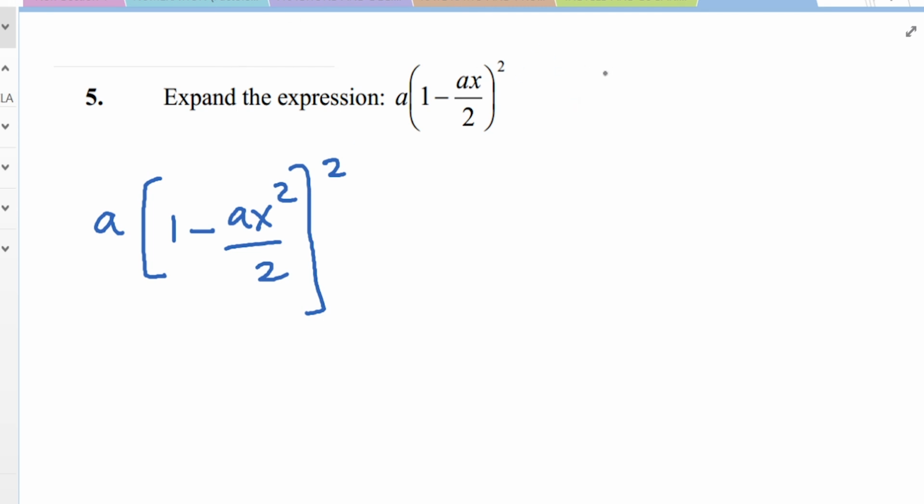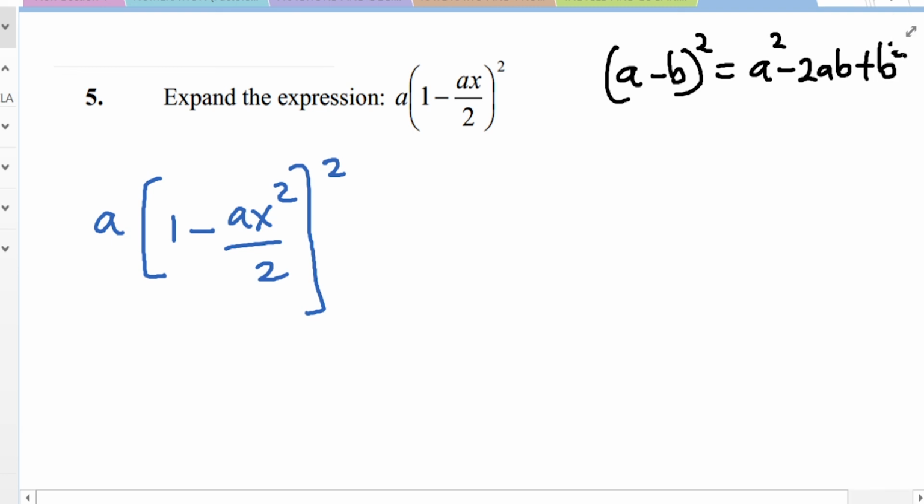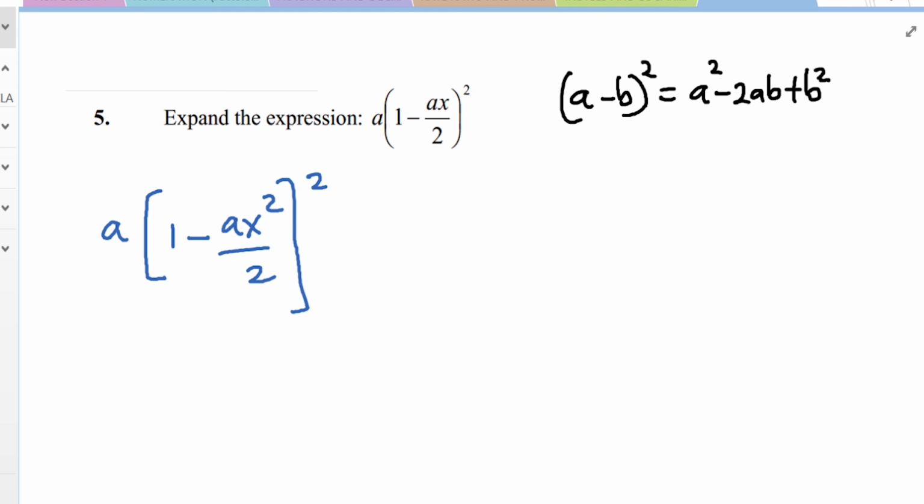There's an identity that (a minus b) squared is given by a squared minus 2ab plus b squared. We are all familiar with that identity. It is supposed to have been introduced to you. So that's what we are going to use here.